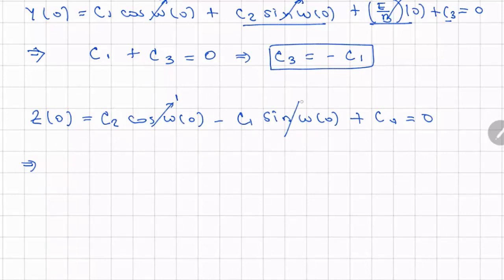Cosine of 0 is 1, sine of 0 is 0. So we get c2 multiplying 1 is c2, c1 multiplying 0 is 0, plus c4, and this is equal to 0. That means that c4 is equal to minus c2.